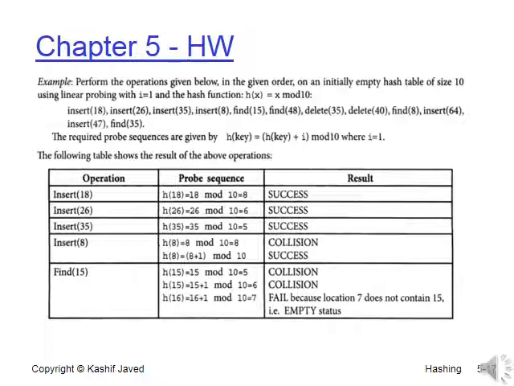So basically you have these operations: insert 18, insert 26, insert 35, and so on. So the required probe sequence, since it's linear probing, will be your hash value plus i, and the whole term mod 10, where i is equal to 1. So you can see this table which shows the result of the above operations. Go through this example. On the next slide, it further continues.